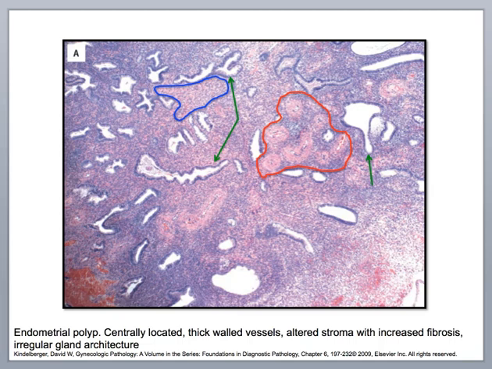In general, pathologists need two of the three following features before a diagnosis of endometrial polyp is rendered: thick-walled vessels, alterations of the stroma, as indicated by the blue outline, with increased fibrosis and collagen deposition, and irregular glandular architecture, highlighted with the green arrows.